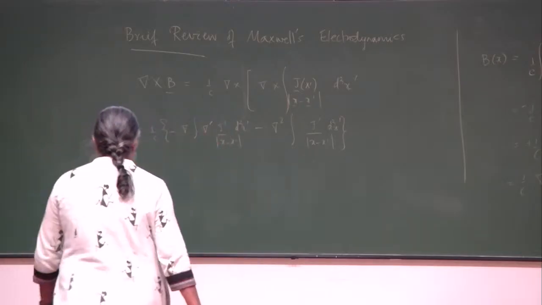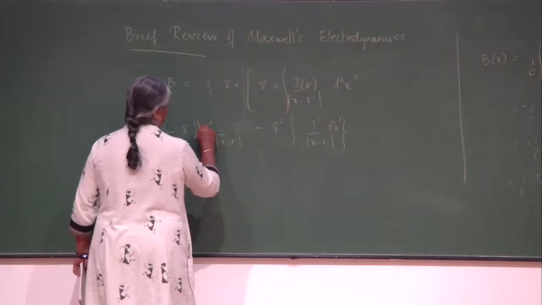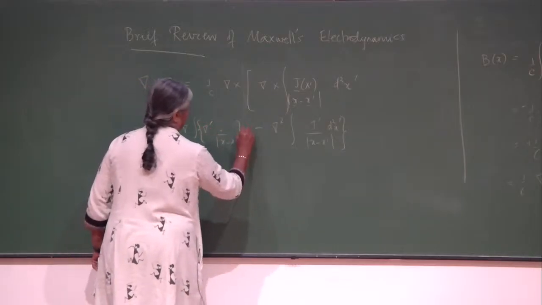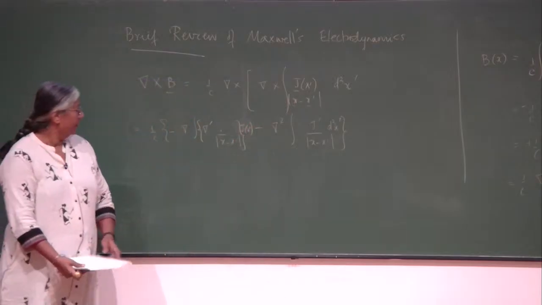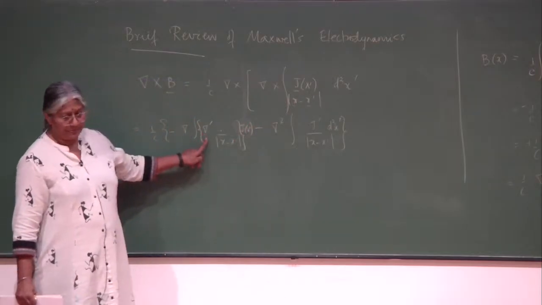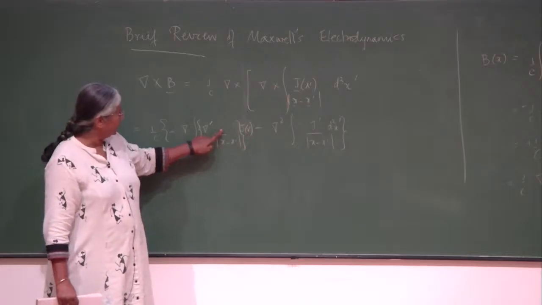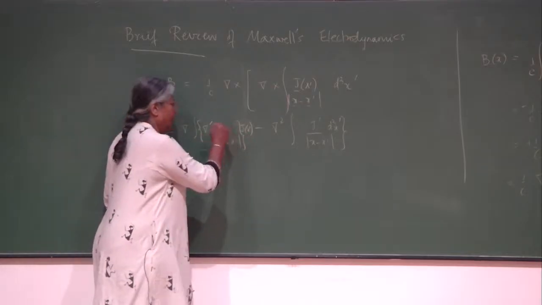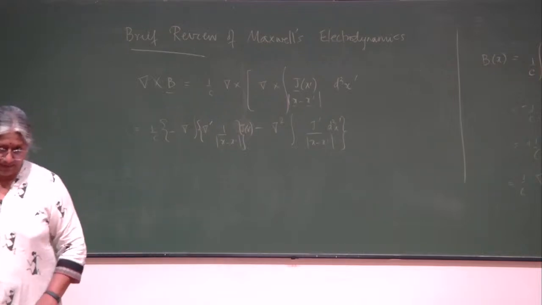And I'll put a bracket here, because now I have to be a little careful. Why should I be careful? Because now this is d by dx prime, and this also contains x prime. But right now, because this was acting on this quantity only, it is still only acting on that quantity. I have not done anything else. Okay.